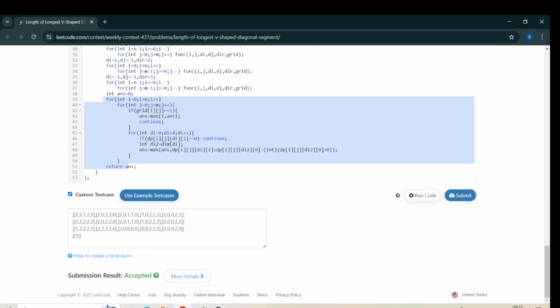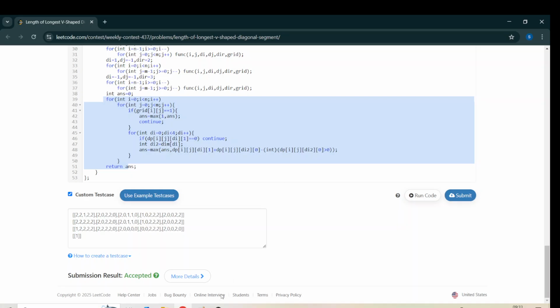If that is equal to 0, we just continue. Otherwise we find di2, which will be dim of di. Now the answer will be dp ij di1, the subsequence starting with 1, plus dp ij di2 0, another sequence which does not start with 1.